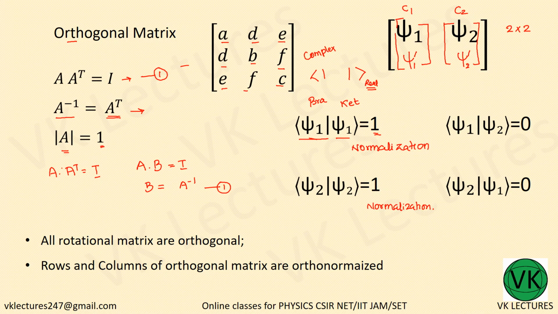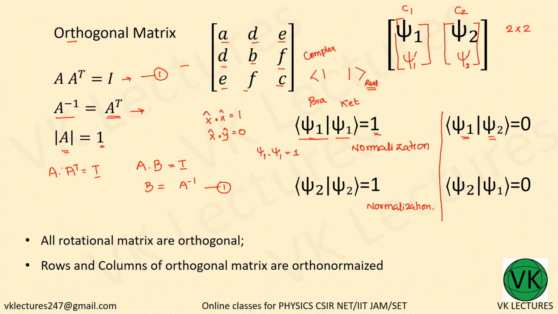Okay, so this is similar to, for example, if you consider psi 1 as a vector, psi 1 dot psi 1 is equal to 1. Just for example, x cap dot x cap equal to 1, and x cap dot y cap equal to 0. Now on the right hand side, here you have two different bases, psi 1 and psi 2.